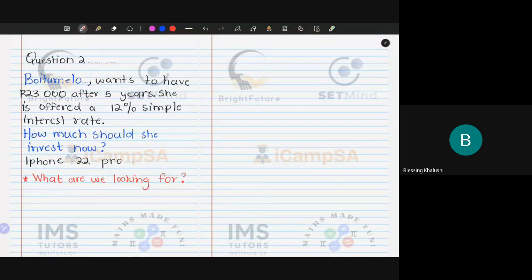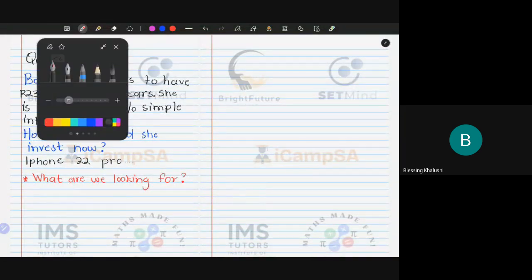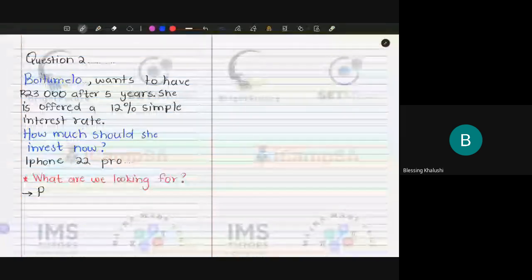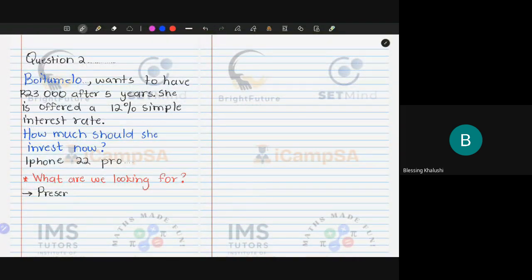Awesome. Anyone else? So Blessing is saying we are looking for the present value. Anyone else? So I'll take that as answer number 1. We are saying we are looking for the present value. So the present value is known as P, and this is also known as the investment. This is the investment amount.